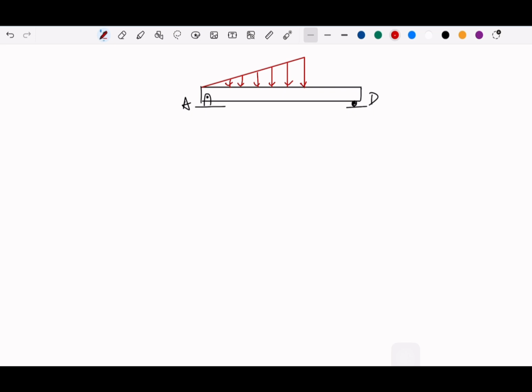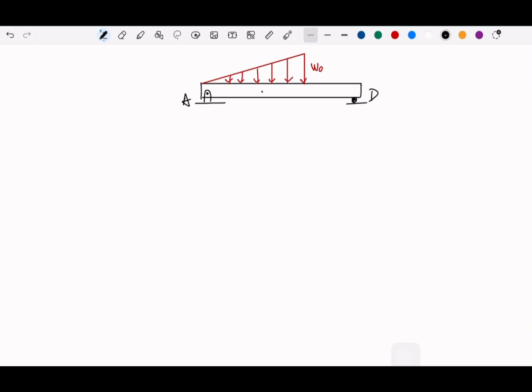We call this W0. And then we have points B and C. At the end of the distribution, we have C. And all will be the same distance in between, L over 3.